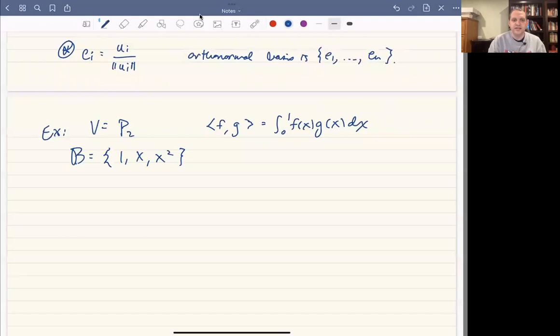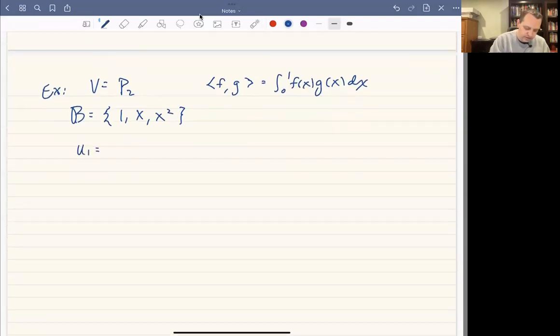But it turns out that that's not an orthonormal basis. They're not orthogonal. If you take, for example, the inner product of 1 with x, you get the integral of x from 0 to 1, which is 1/2. So those are not orthogonal vectors, and therefore you can't get an orthonormal basis just by dividing by the lengths. You have to construct the orthogonal basis. So let's do that.